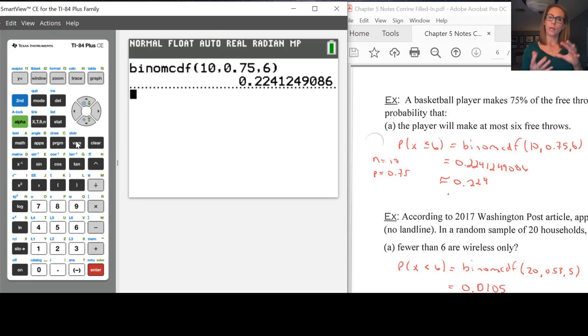So the Binom Cdf requires a little higher level of thought, because if you're asked, for example, fewer than 6 free throws, you actually only want 5 or less free throws. And so in that case, instead of the 6, you'd have the number 5. So the big thing to understand with Binom Cdf is that it's going to add up the probability of whatever number you put in there and the probability of all the values below it.